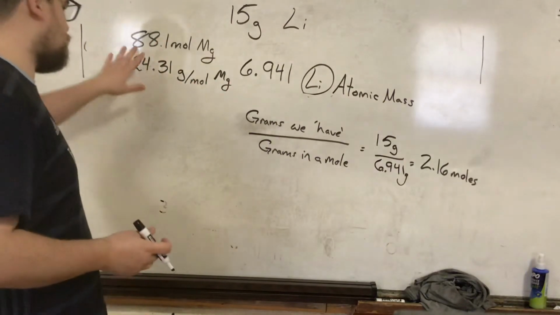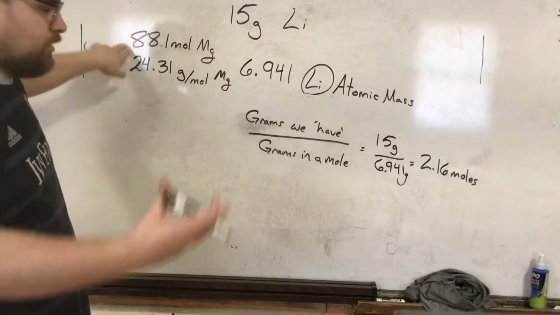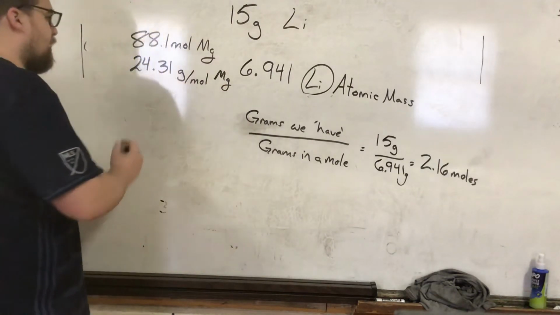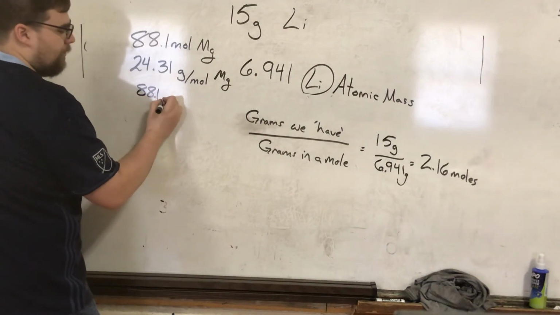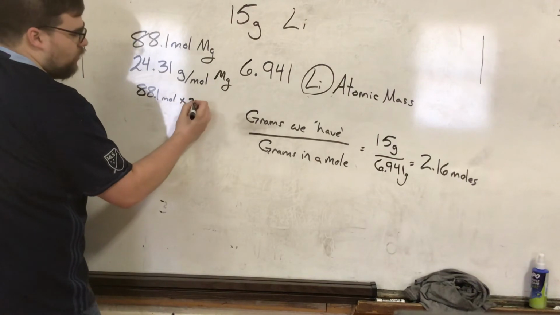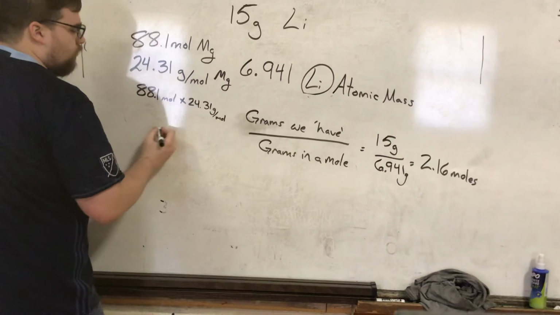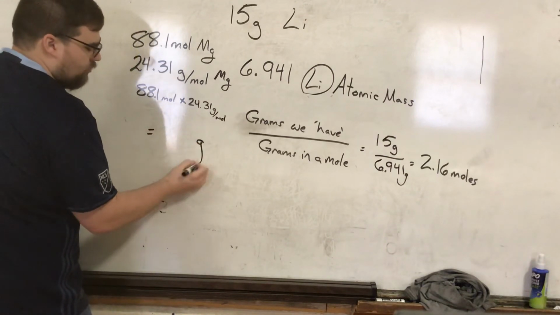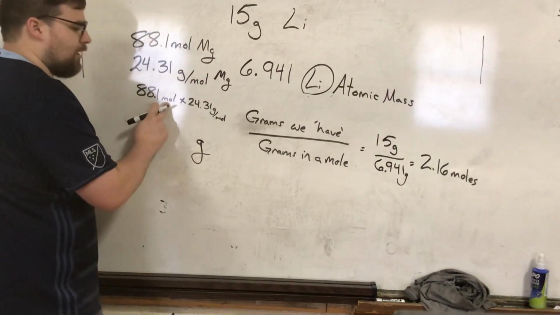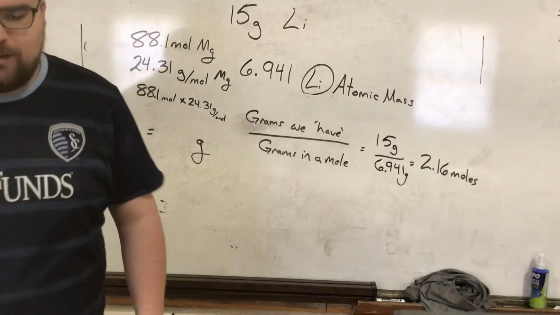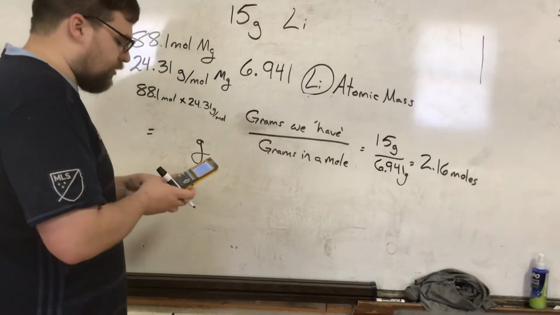If we have 88.1 of these moles, and each one is 24.31 grams, let's multiply them. 88.1 moles times 24.31 grams per mole will tell us how many total grams we have. You can even see the units work out, because moles is multiplied by a moles down there, and they cancel out. It's wonderful.